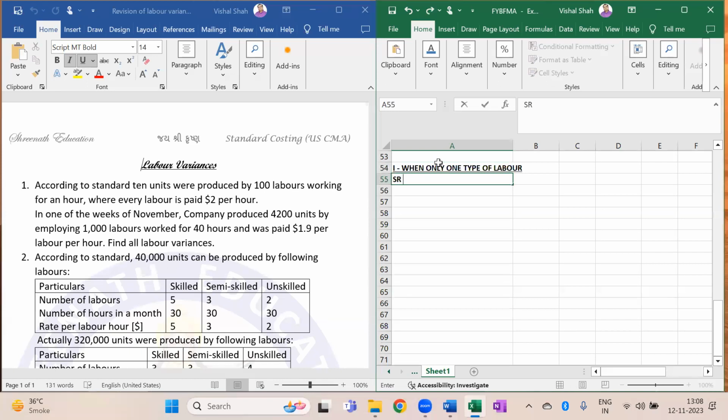SR, standard rate per labor hour. SH, standard labor hours for actual output.